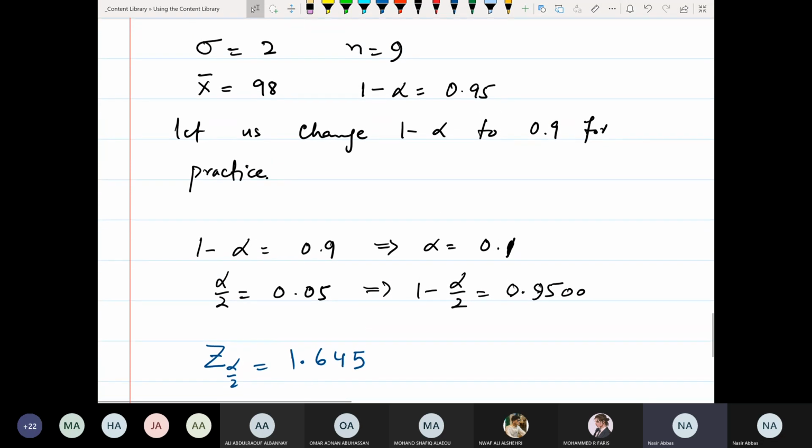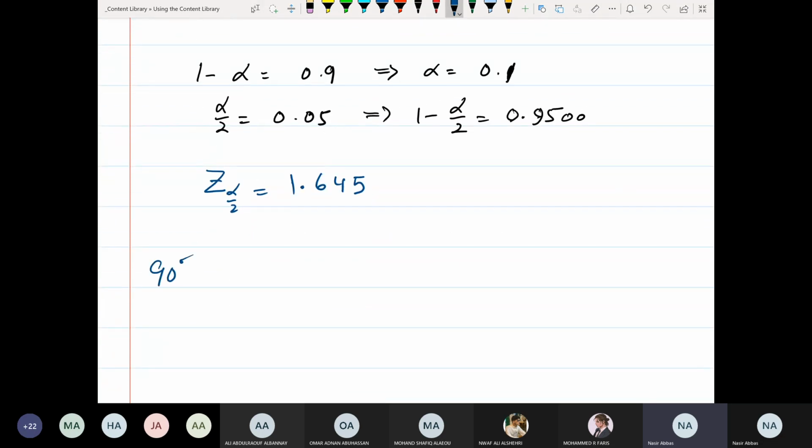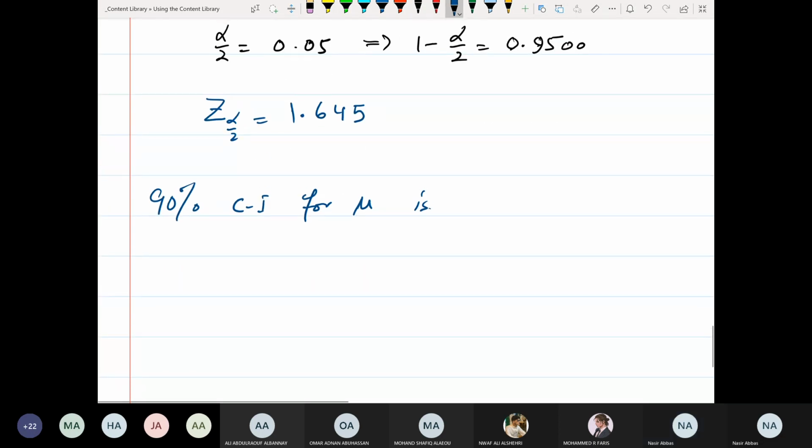And once you have z alpha by 2, 1.645, you can say the 90% confidence interval for mu is x bar, which is 98, plus minus 1.645 times 2 over square root of 9. And that will be 98 plus minus 1.0967.